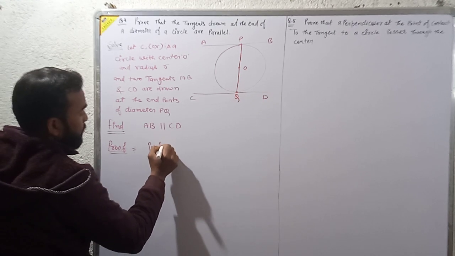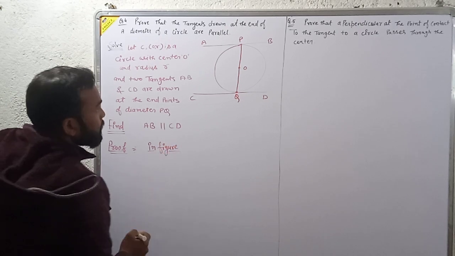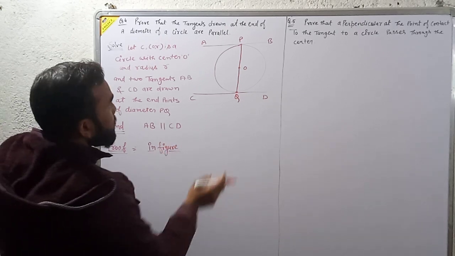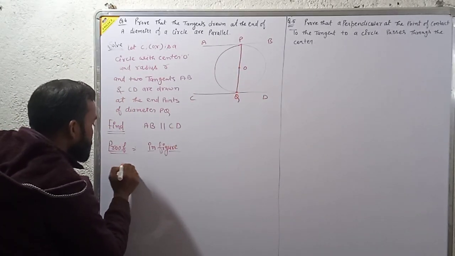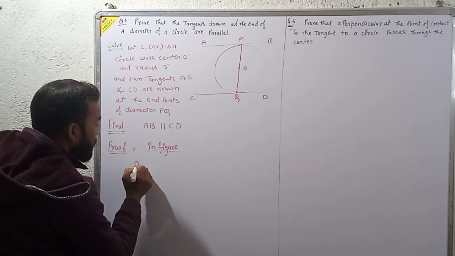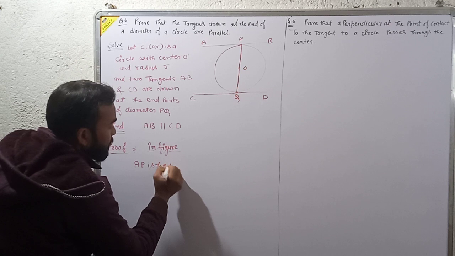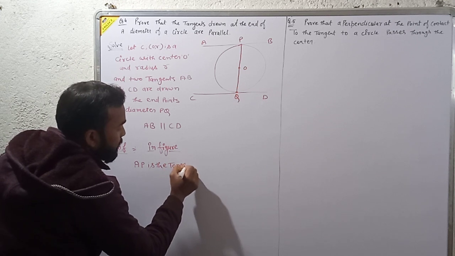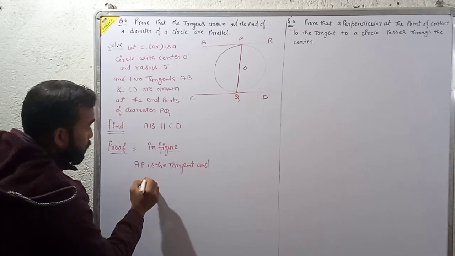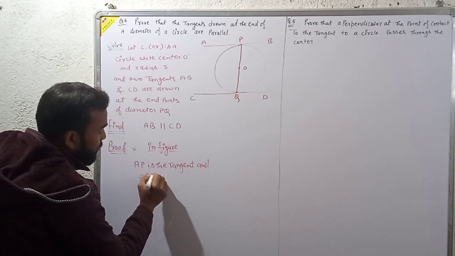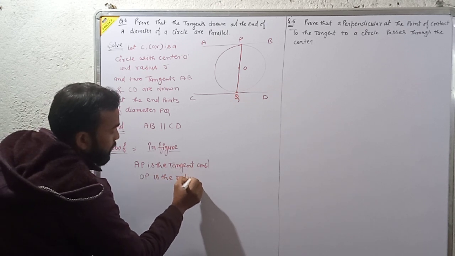In the figure, AP is the tangent and OP is the radius.